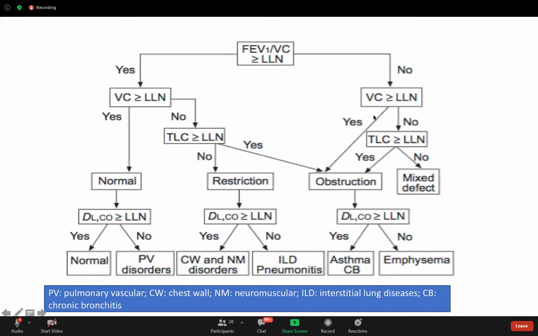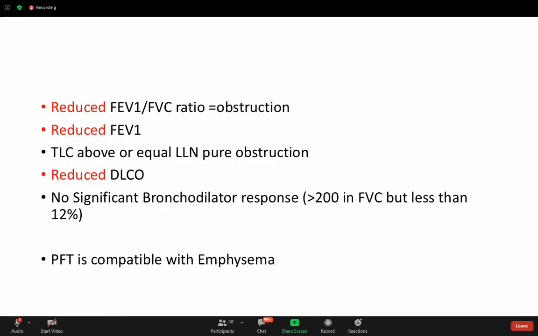A vital capacity, yes, it was normal, but the TLC was above the lower limit of normal. So we are talking about obstructive. And then the DLCO was low. So we're talking about emphysema.